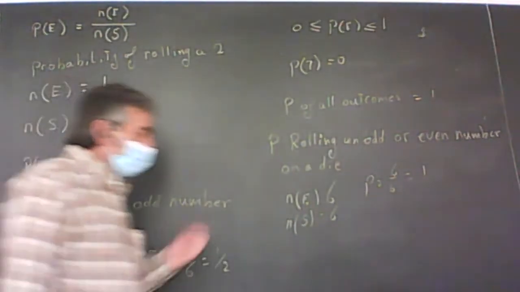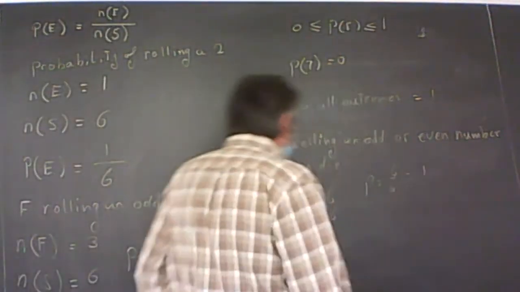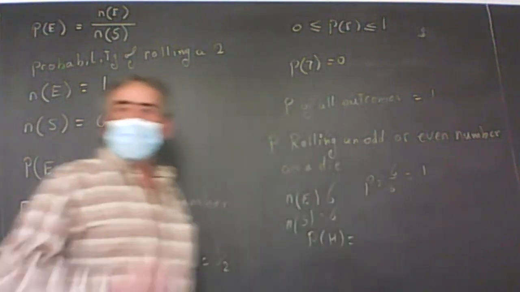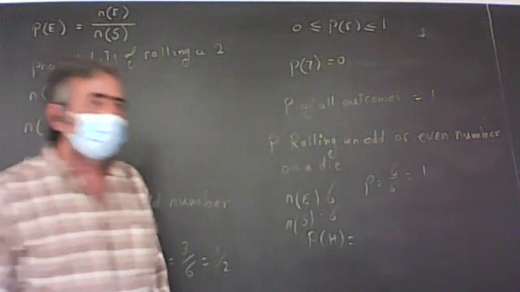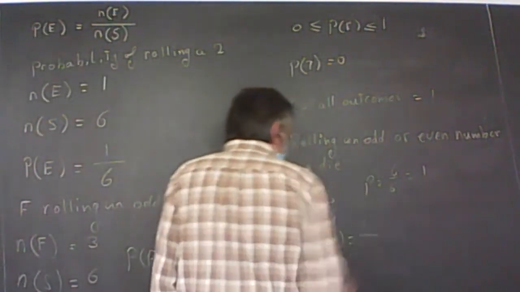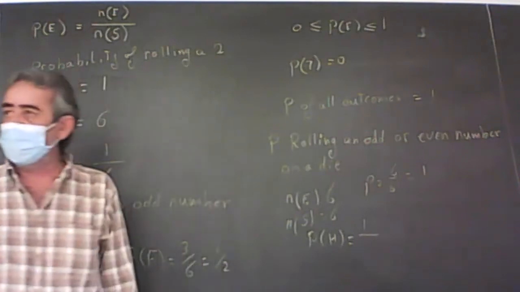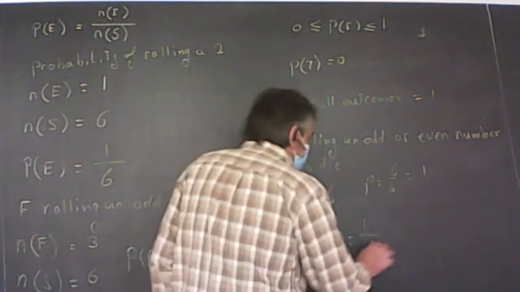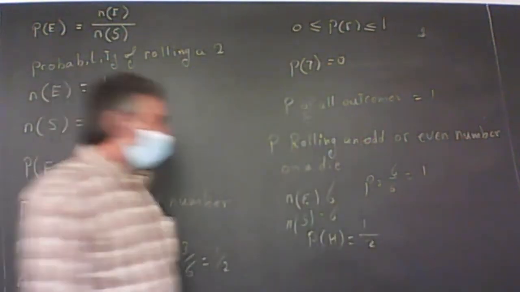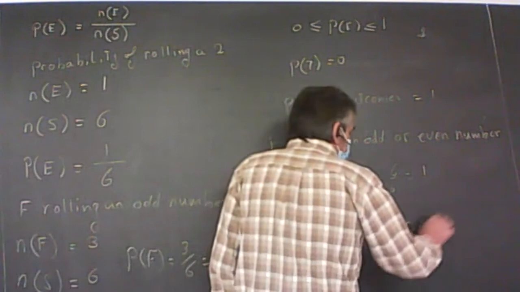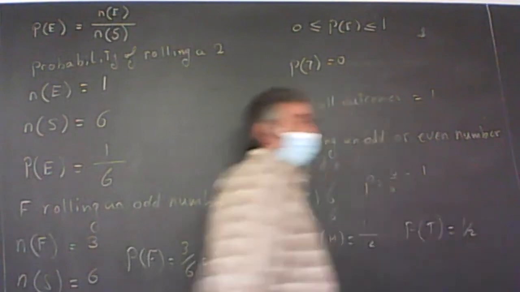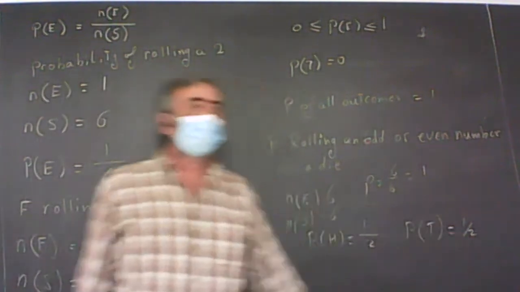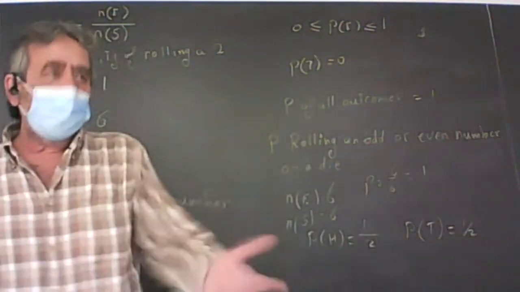For instance, if you have a coin and you toss it, the probability of getting a head is 1 head, hopefully we're looking at fair coins, over the sample space, you can get either head or tail. So that's 1/2. Now the probability of getting a tail is also 1/2. So when I add all the probabilities together for that sample space, I end up with 1.